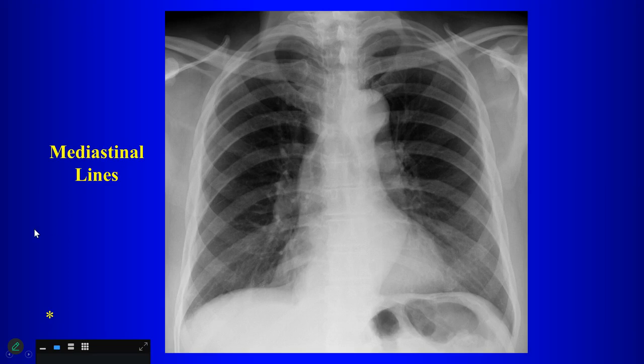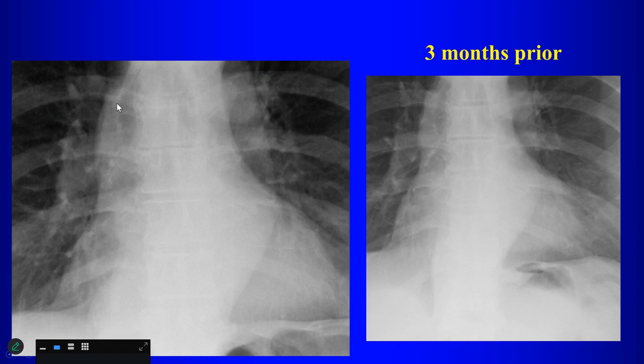Any line bothering you here? Let's be fair. Let's give you a better view. There we go. Three months prior, and the current chest X-ray. Which line bothers you? Right. What line? Right paraspinal. Paraspinal line, right?